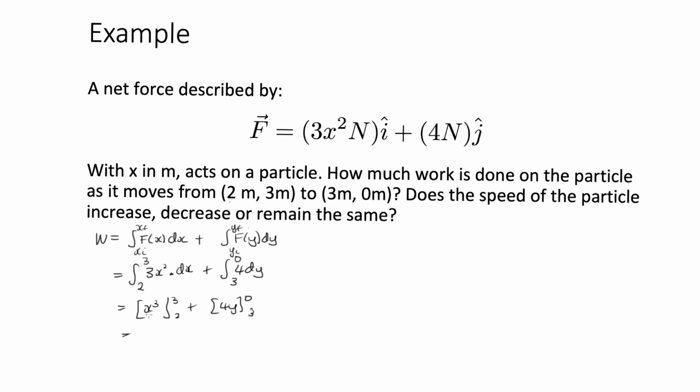So this is equal to 3 cubed minus 2 cubed plus 4 times 0, so that's 0, minus 4 times 3. So this is equal to 27 minus 8 minus 12, which is equal to 7. So 7 is the answer to this one, and that should be 7 joules.